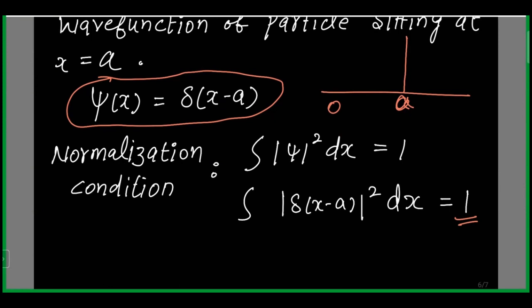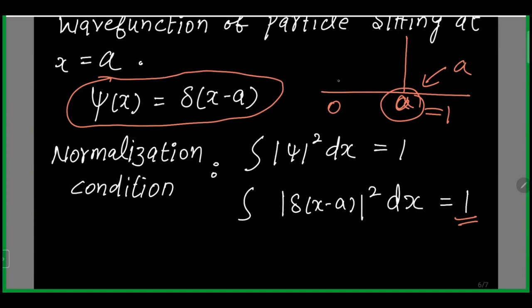So how do you find the probability? By doing the integration of your wave function. You take the square of your wave function and then do an integration. And you know the area of the graph is going to come 1. And probability also needs to be 1, because probability of finding a particle at a is 1 because it is sitting at a itself.